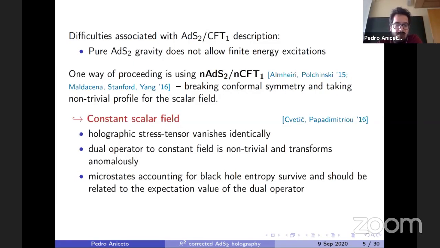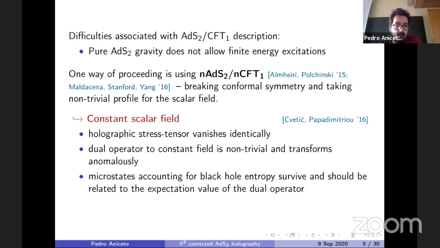And the main characteristic of the dictionary in this situation is that the holographic stress energy tensor will vanish identically. And so we are always at the ground state of the theory. Nonetheless, there's some non-triviality related to the dual operators to the constant scalar fields, which even though they are irrelevant operators, we will find that they encode some information about our theory, and that they transform in an anomalous way under the asymptotic symmetries.